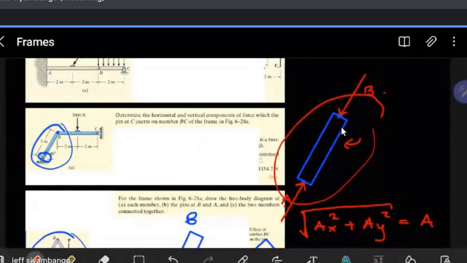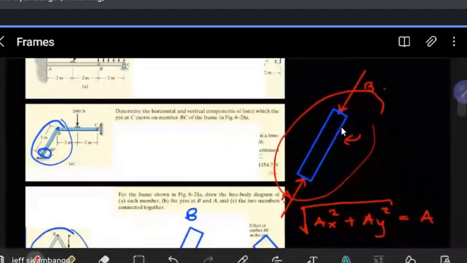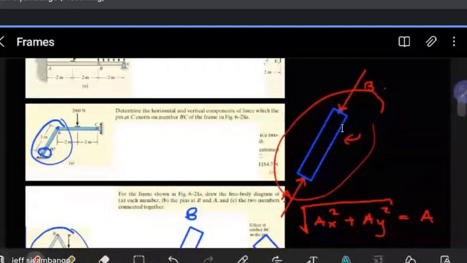Just let's say the number of equations that we have to play with, because such members can actually be omitted. Of course, their effect on the whole system will still remain, as you will see that they will be interacting with the members where they are connected. So we'll still account for that.